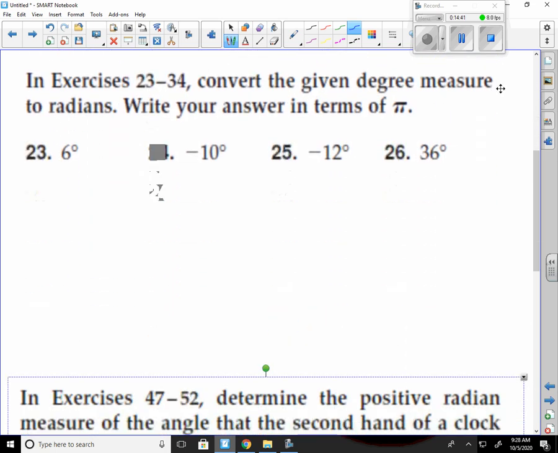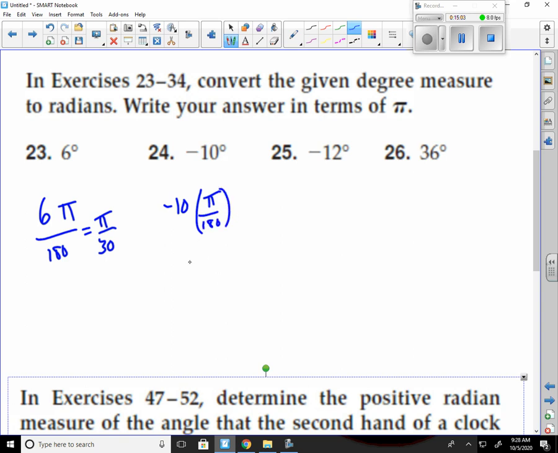Number 23, we're just going the opposite direction now. 6 times pi over 180. And just reduce this, you get pi over 30. Negative 10 times pi over 180.